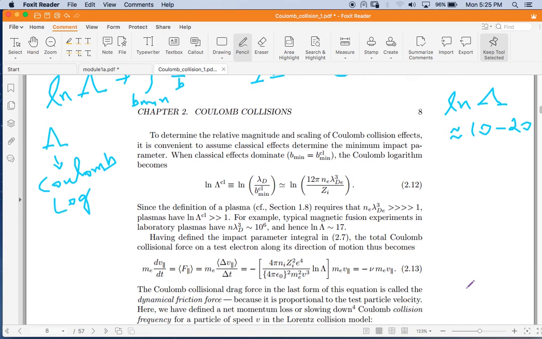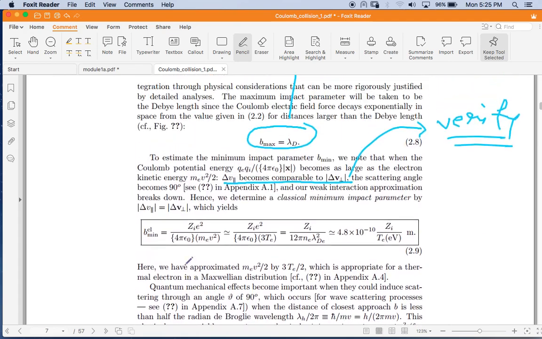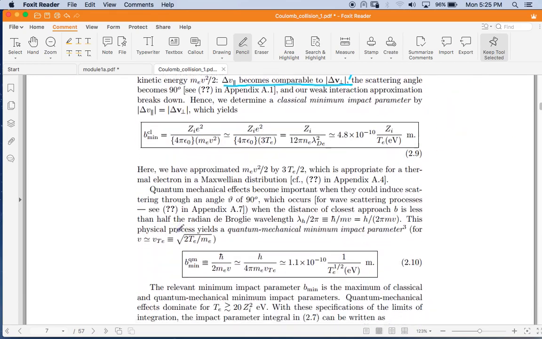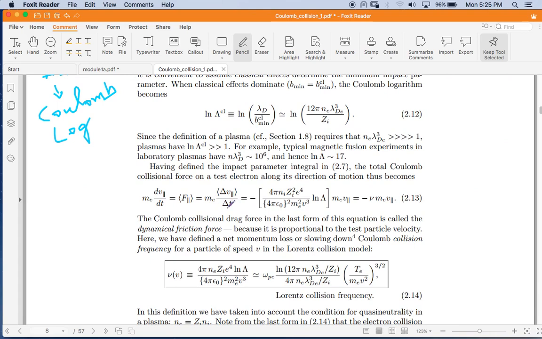Let's go ahead and say a couple more things. We wanted to find the delta F parallel. Remember, that's where we started out, and that's where this Coulomb logarithm made its appearance: the average force in the parallel direction. Writing down the formula again, it would be this Coulomb logarithm which we've discussed, and the rest of it we've already written down, times m_e times V parallel.